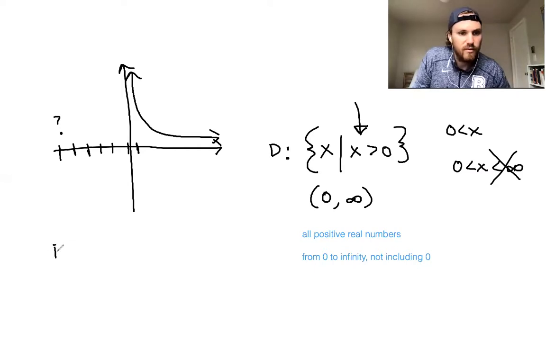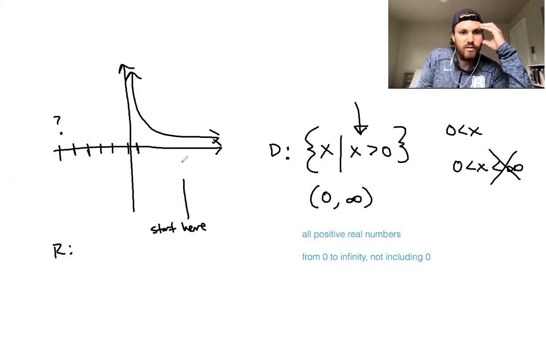Now let's look at the range. Okay, so the range of the y values. I start down here at the bottom, start here and see if the function exists, and then move up and see where the function exists. So it doesn't exist anywhere here until I get to 0. Then it looks like it exists from 0 upwards.